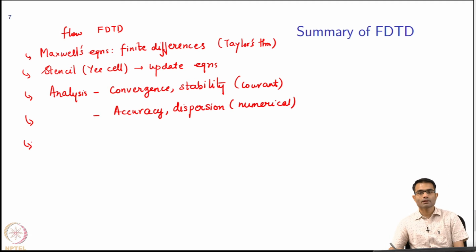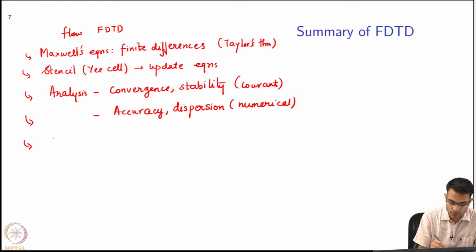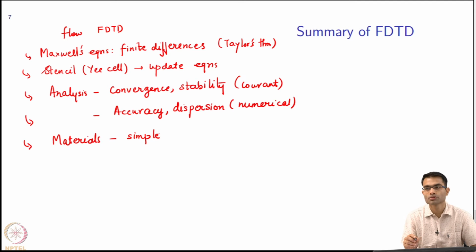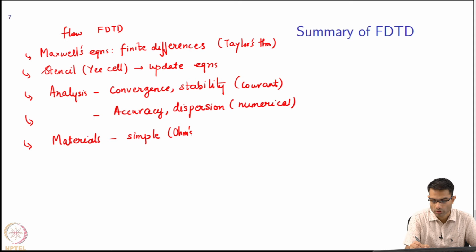After having done that, so far we were still dealing with free space. Then we introduced materials, right. So, we looked at simple materials which used Ohm's law. And after that, we looked at another kind of material.